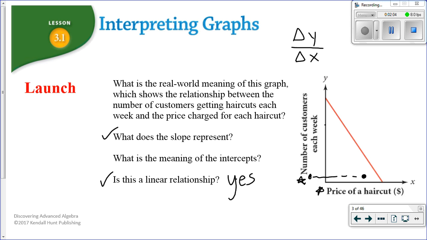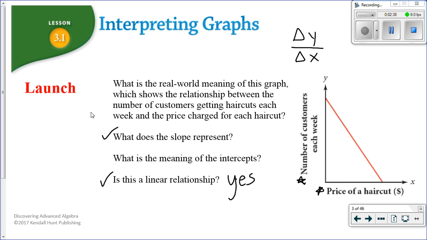As I start to charge less for a haircut, so if I have a haircut that is more reasonable, I'm also going to get more customers, right? So if my haircuts are a reasonable price, more customers are going to come in. That makes sense. So my slope is going to represent what I gain in the number of customers, depending on how much I decrease the price of my haircut, would be a way to interpret that.